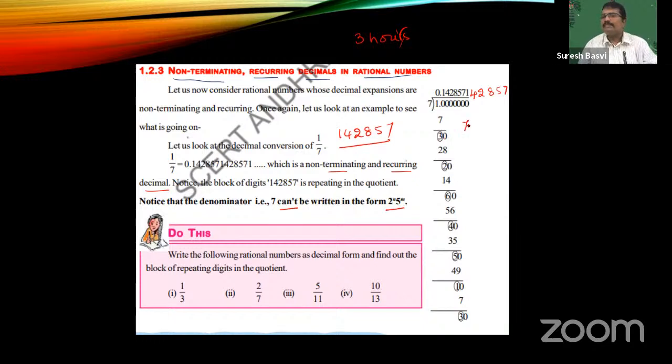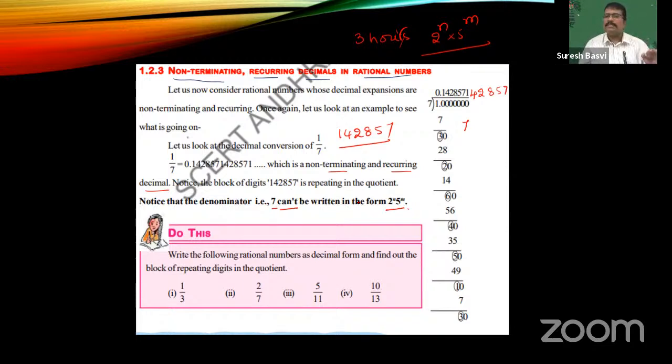When we write in the form of 2 power n into 5 power m, it is going to terminate. That's it. But here 7 is the denominator, so it can't be written in the form of 2 power n into 5 power m. That's why they are not going to terminate. They are non-terminating recurring decimals.